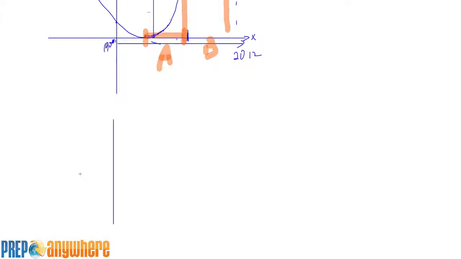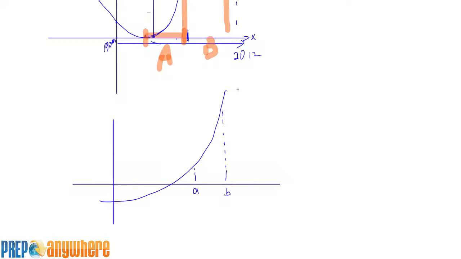Now let me give you some terms. If you have a curve like this, and we have points A and B, and this is y equals f of x. If I gave you two points and a straight line and asked what the rate of change is, that rate of change is just given by the slope.